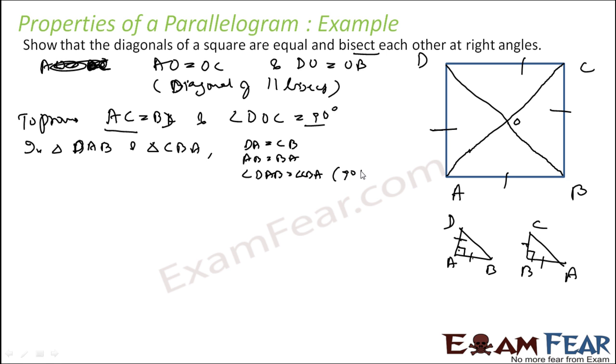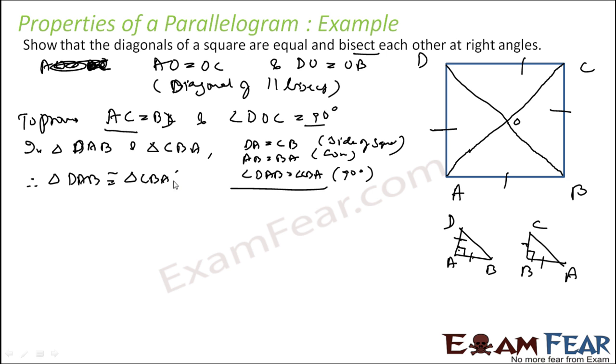Here 90 degrees, here common, here sides of square, and thus they are congruent. Therefore, triangle DAB is congruent to triangle CBA by the side angle side rule. Therefore, DB is equal to AC. First part is done. They are equal is proved.